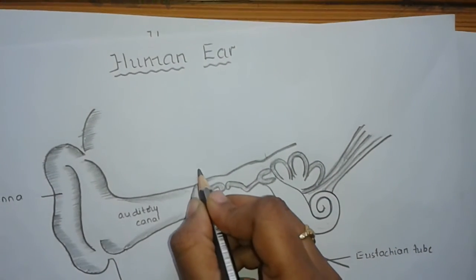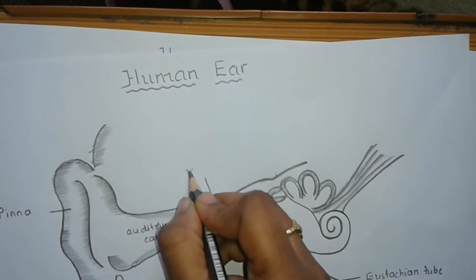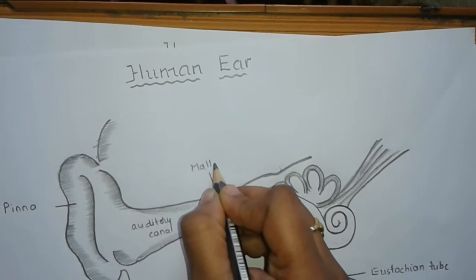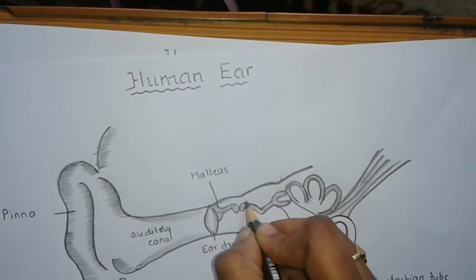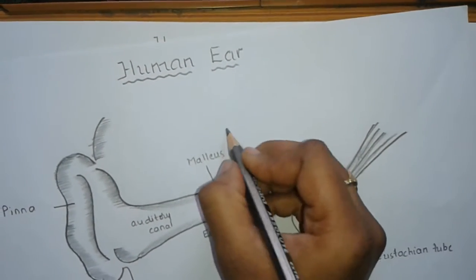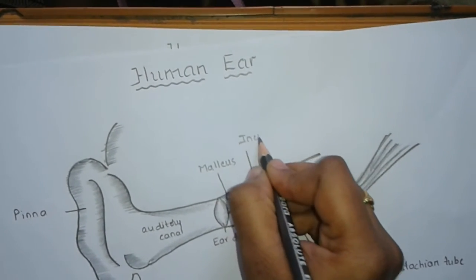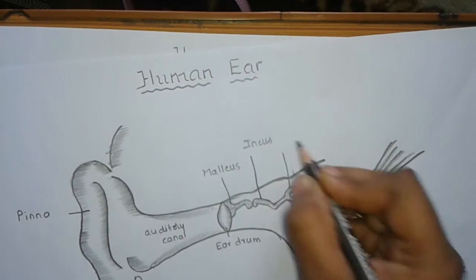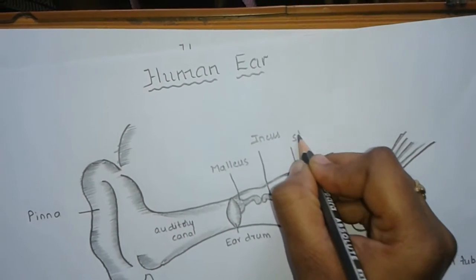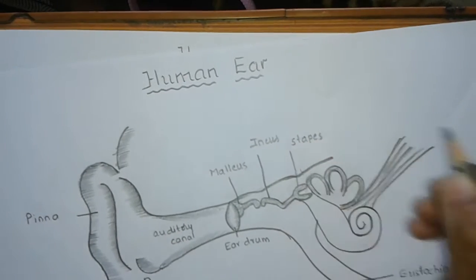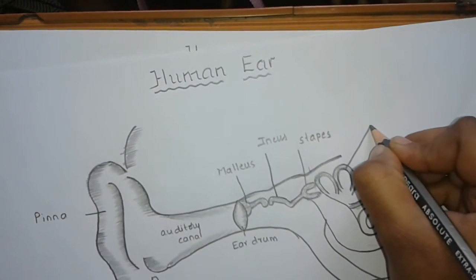The middle ear consists of three small bones. The first one is the malleus. The second bone is called the incus. The third bone is called the stapes. And the three semicircular canals.